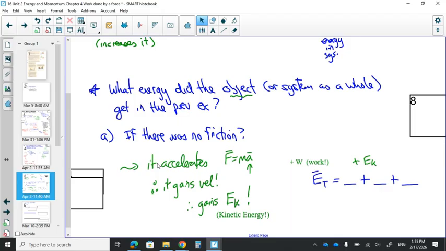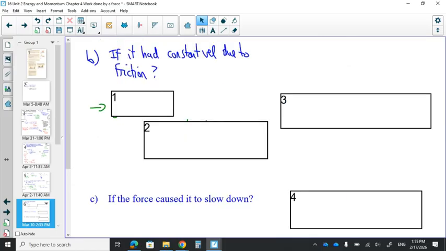Right? So yeah, adding, now you have more energy in the system. Look on the left side, because you added energy in, and now you have this extra amount of kinetic energy. If it was sliding at a constant velocity due to some opposing force, let's go with friction in this case, right?